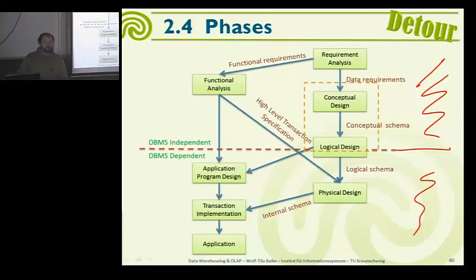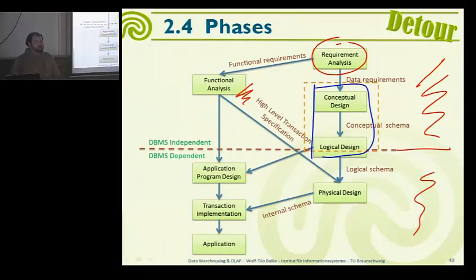So on a theoretical level, you first do the requirements analysis, where you find out what the users actually want and what functionalities they need, and that goes into a conceptual design, which can be broken down into logical design. And then if you decide for the relational database model, for example, the logical design includes tables, so it's kind of mixed between the database independent and dependent scheme.